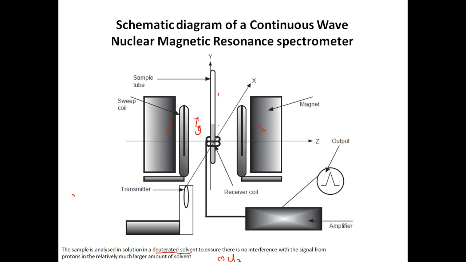This tube is coiled along with a receiver coil, which detects the absorption of radio frequency. The radio frequency is provided through a transmitter which is kept perpendicular to the sample tube as well as the magnetic field, actually in the Y plane. The magnetic field is along the Y axis, right?